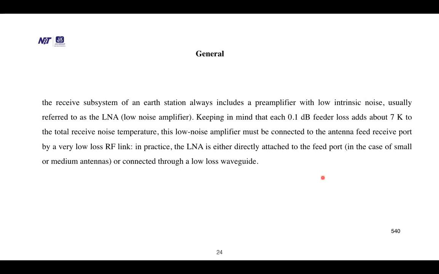This creates the main problem. So, this noise should be kept as low as possible. This is the main purpose of the low noise amplifier, because noise takes a lot of power as well as disturbs the main information to be processed.